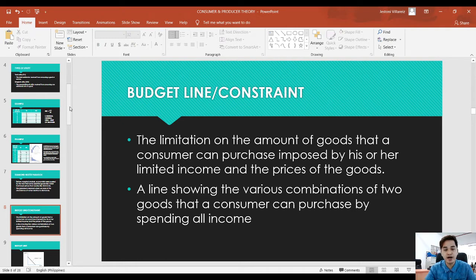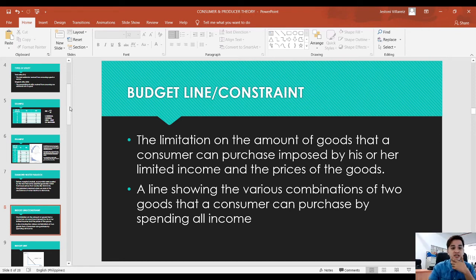We have unlimited wants, but we are still forced to choose. Why? Because of our budget. Though we want to buy branded bags or branded clothes, due to our limited budget, we just go to thrift shops. So that's how budget can affect our decision.